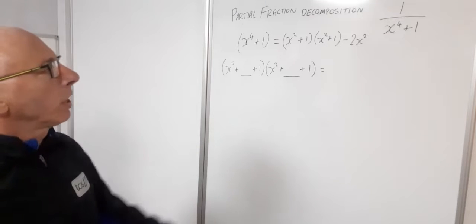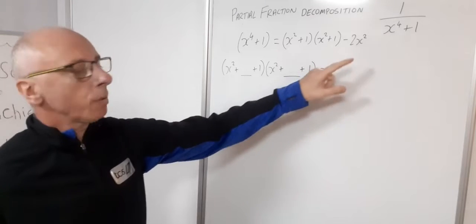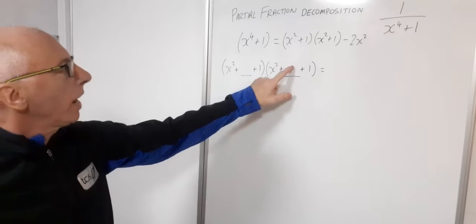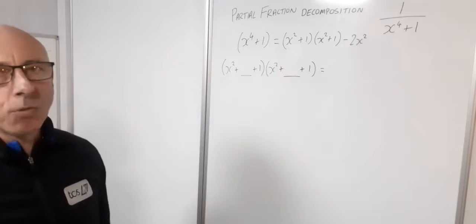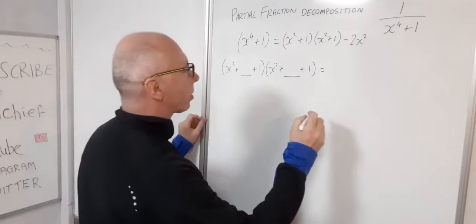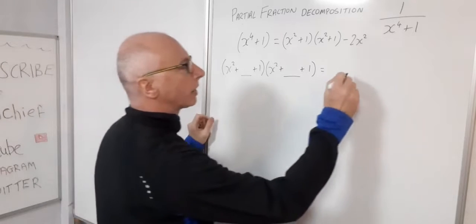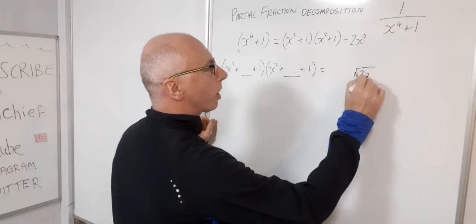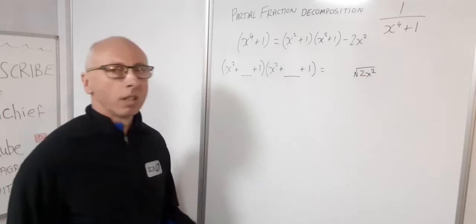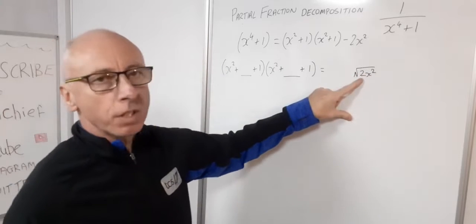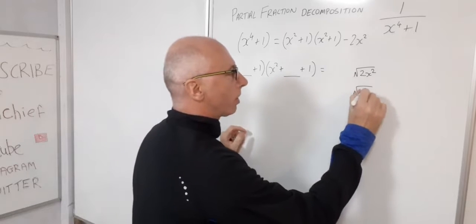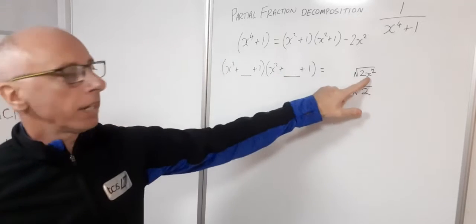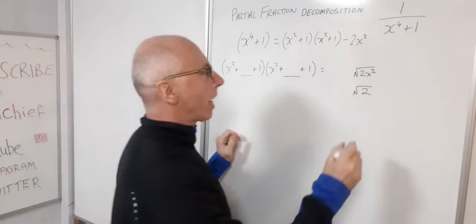Now what we want is minus 2x squared to multiply out from these two terms. So if we take the square root of 2x squared, we can find the square root of that by taking the square root of the coefficient. So we'll end up with root 2, and the square root of x squared is just x.